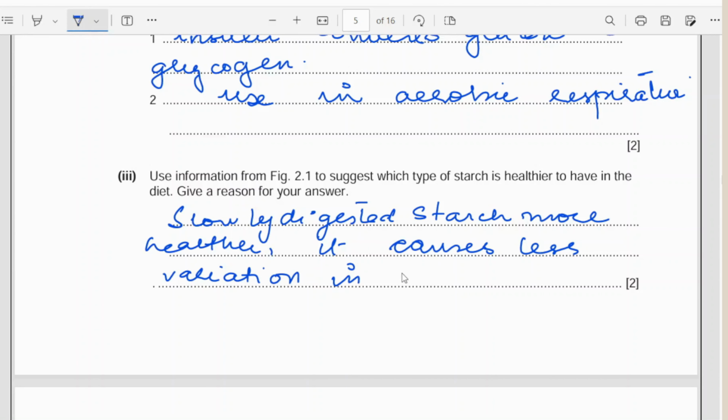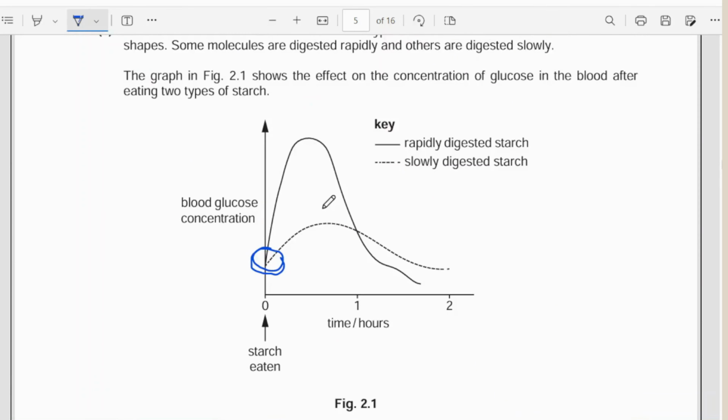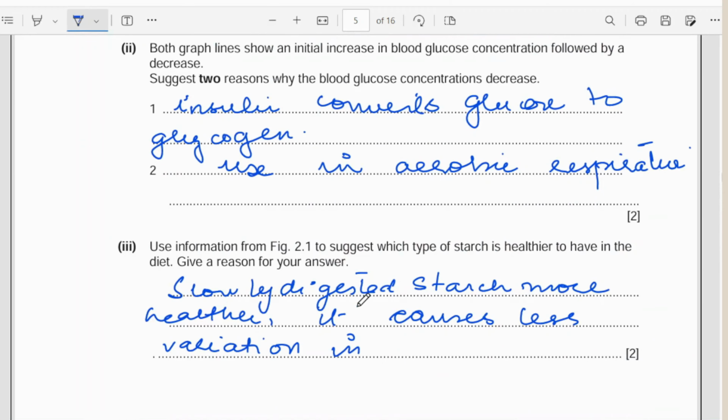Less variation means it won't show much increase or much decrease. That is your spike. Variation means it would stay in a limited range. It causes less variation in the concentration of glucose in blood.